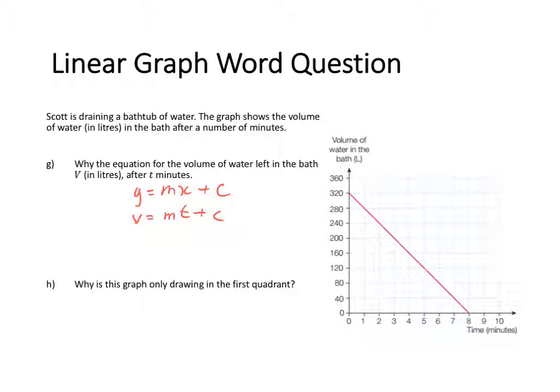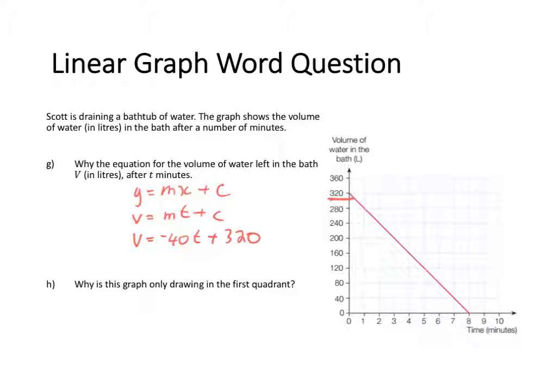Now I can substitute in my value for m and my value for c. I calculated my gradient in part C of the question. So I know that the volume is going to equal negative 40t, and then my y-intercept is going to be 320, so plus 320. So the equation for the line shown in the graph is v equals negative 40t plus 320.